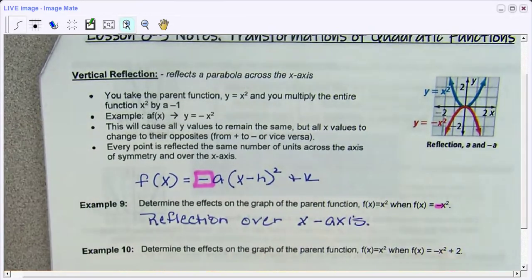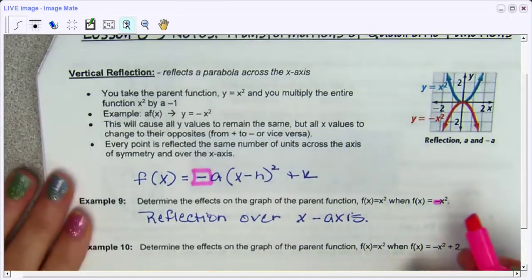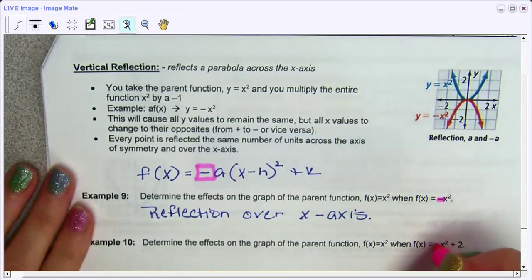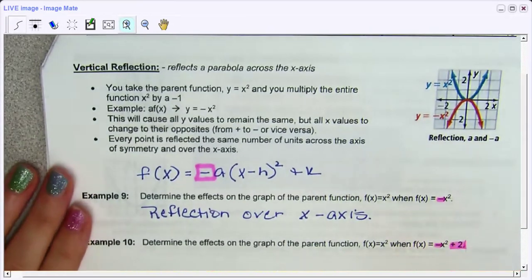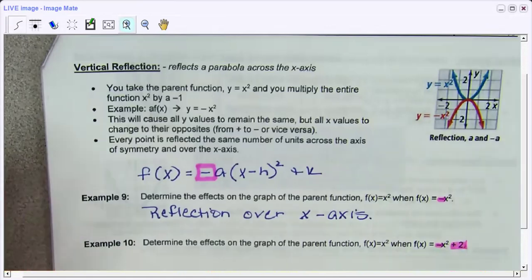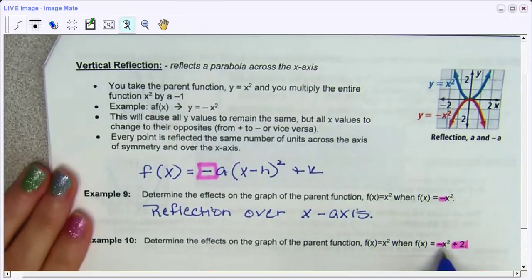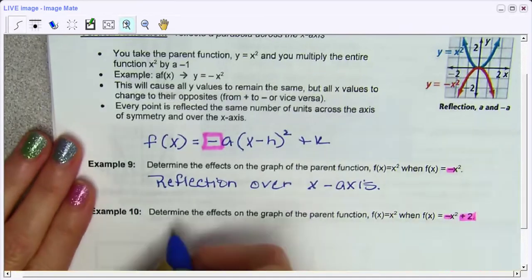Okay, now in the next one, we have a negative, but we also have a plus 2. There's no parentheses here, so we're not talking about a horizontal translation. So we know the negative represents a reflection over the x-axis.